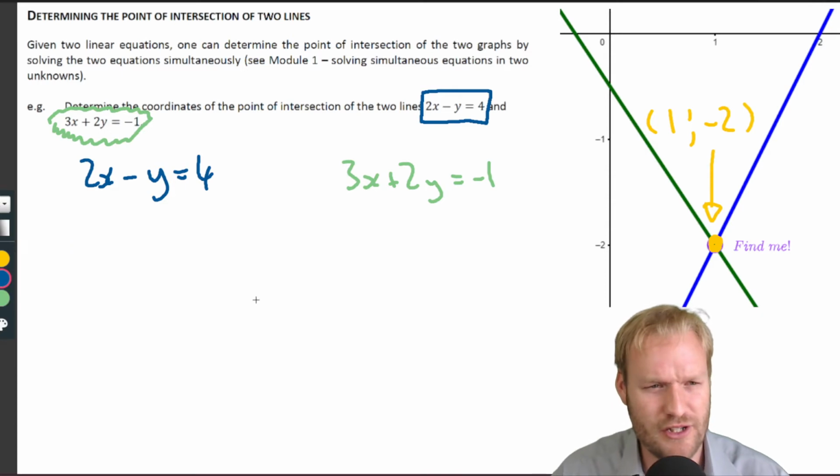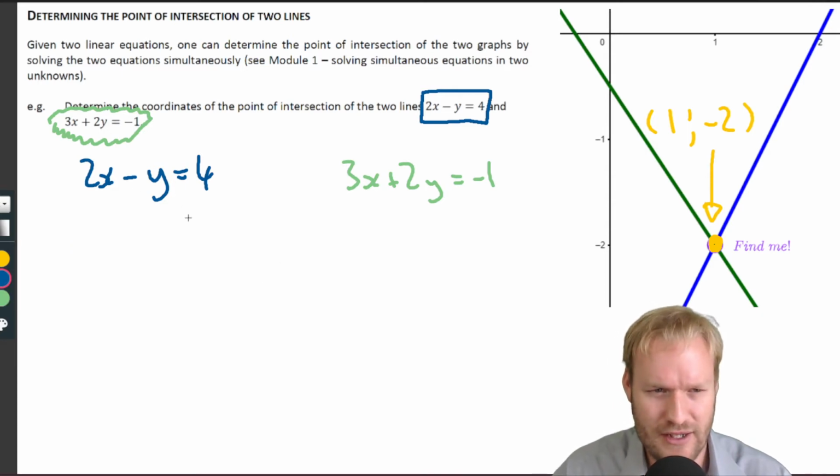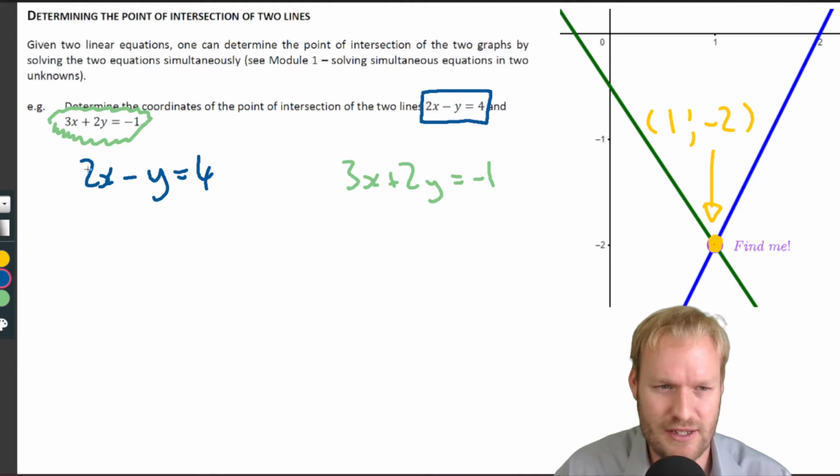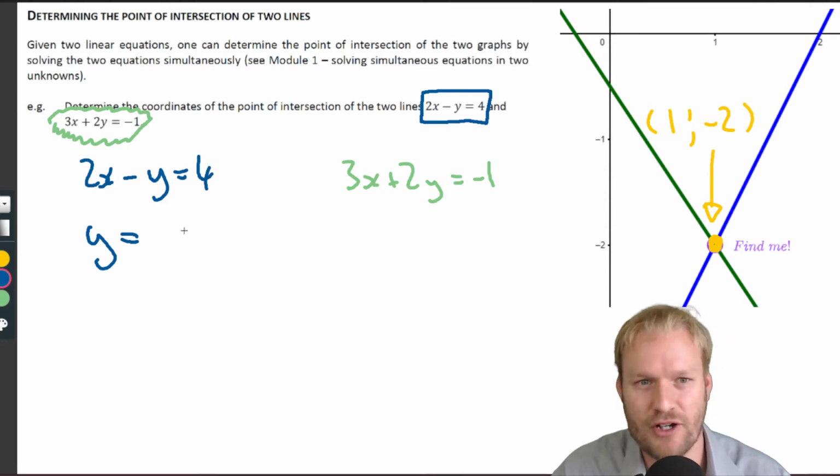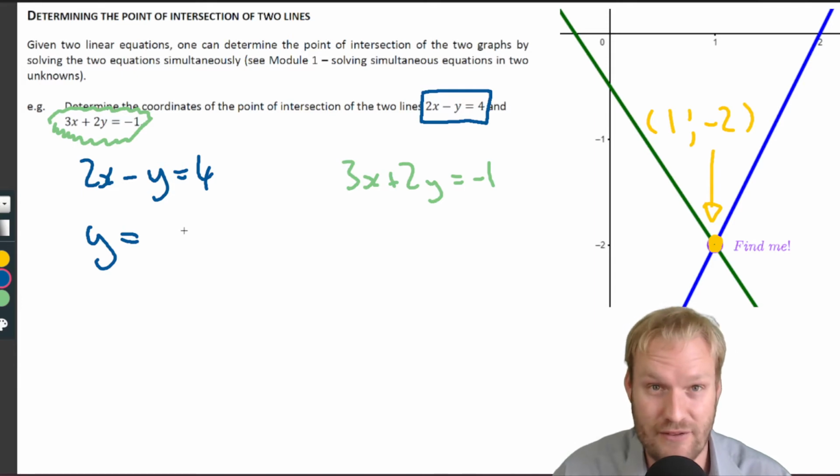Okay, so a strategy that's going to work algebraically is, let's look at this equation here and rearrange so that instead of 2x minus y equals 4, we've just got y on the one side of our equation, and on the right-hand side, we've got everything else that doesn't have a y in it.